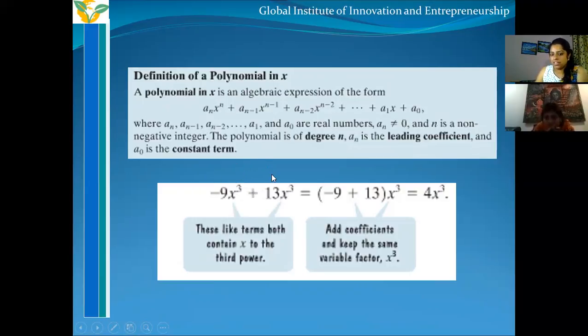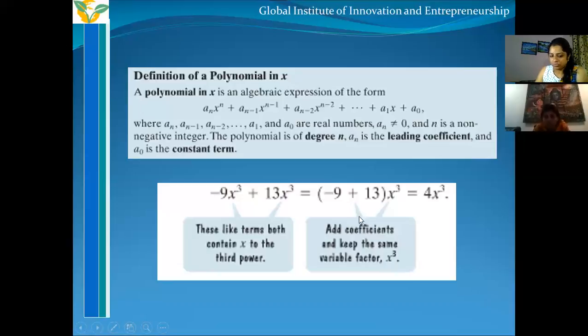Minus plus, plus minus, plus into minus, minus into minus. These 4 algebraic operations you already studied. So minus 9 plus 13 taken in a bracket, x cube is common, which gives you what? 4x cube. Because minus 9 plus 13 is what? Plus 4x cube. The sign of the larger number will be kept.